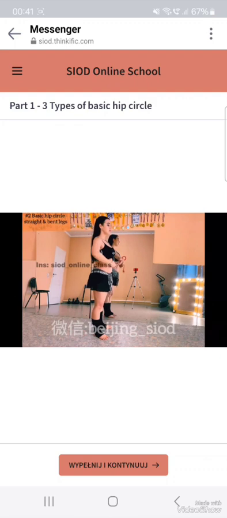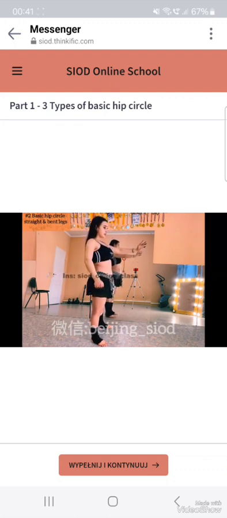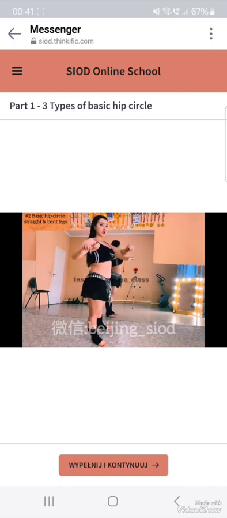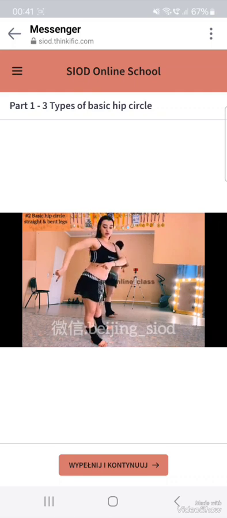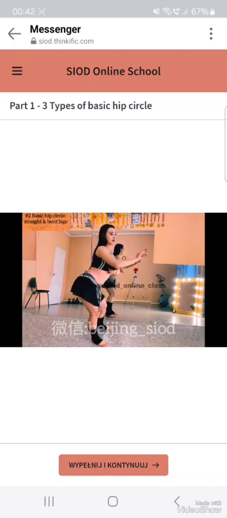Now I will show it from side. Everything will be the same as in first kind of hip circle. Move your belly to the front and then move your weight to the right leg and stretch your hip to the right side. And now when we will go back, we already start sit down.